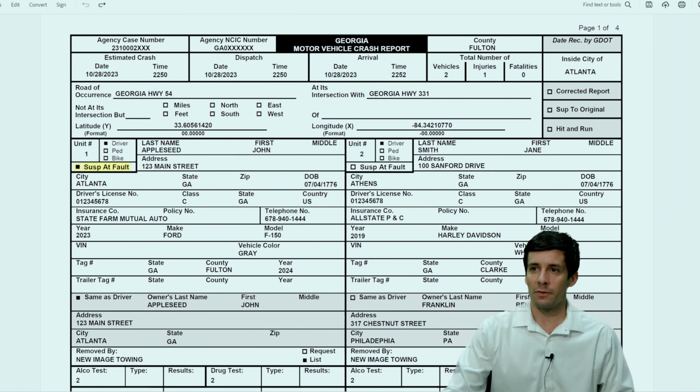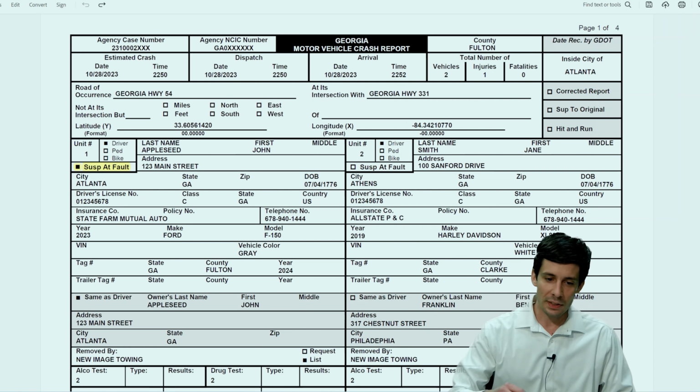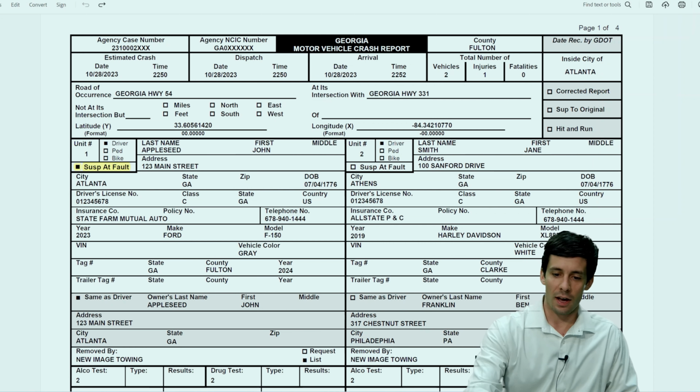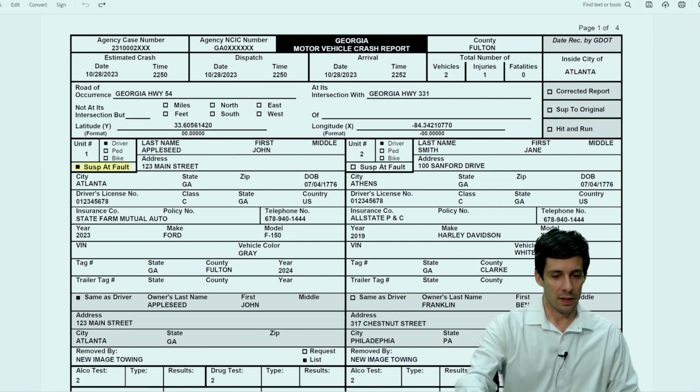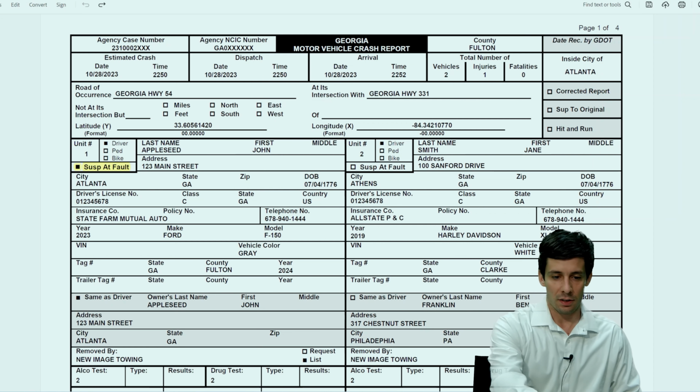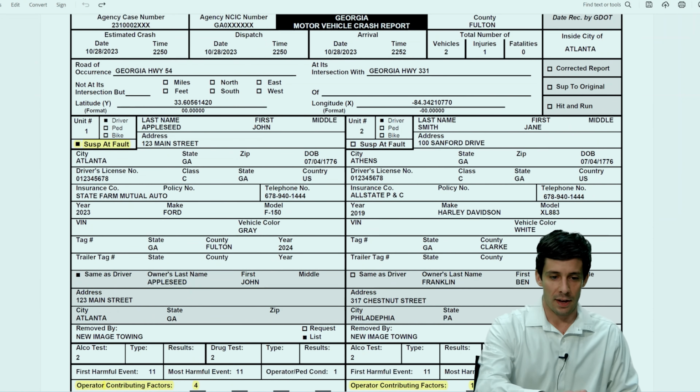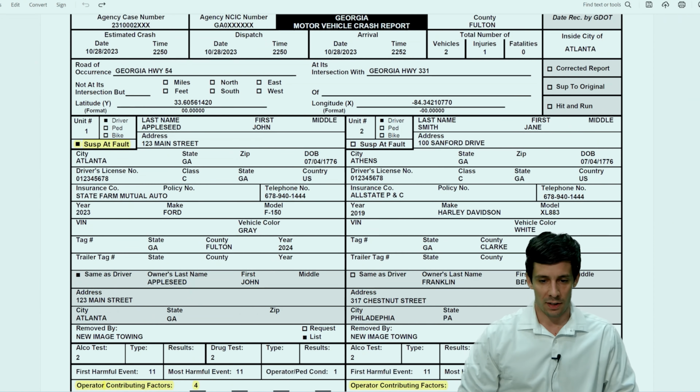This is the standard form motor vehicle crash report in Georgia. As you can see, there's a lot of information on it. So I just want to point out a few things. So much of this is very straightforward, but you have the location on top and the date and time, of course.